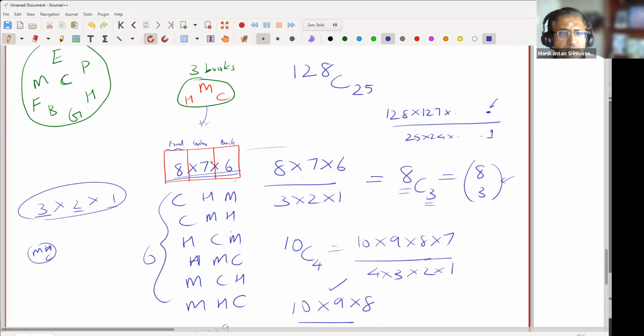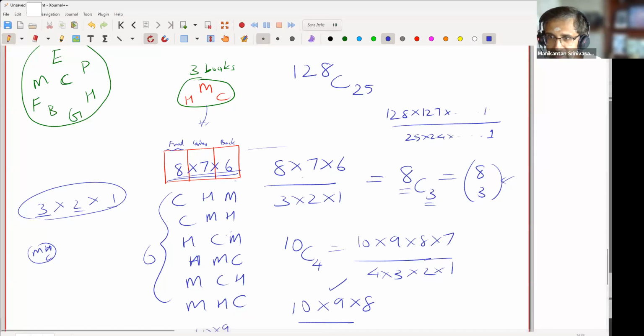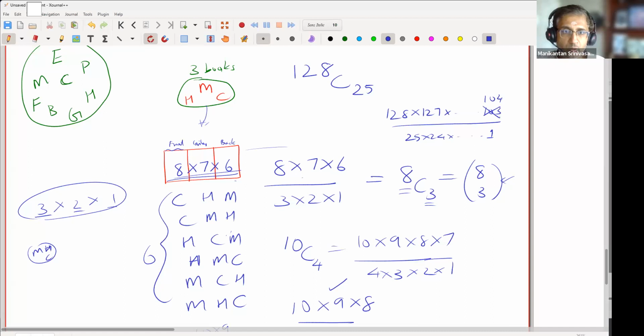Yeah, Akshaj? 123. Sorry, 125. 103. Thank you for the wrong answer, meaning that was the expected wrong answer. It's 104. Always when counting, it's the difference plus 1. If I need 25 elements, the difference between the largest and smallest needs to be 24.